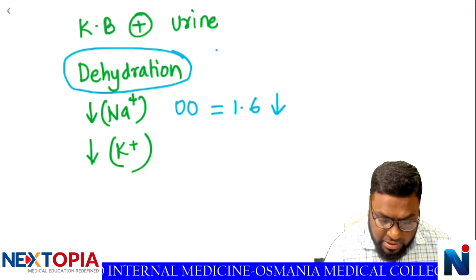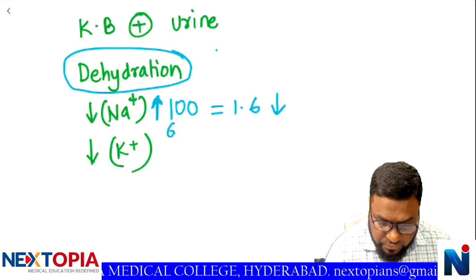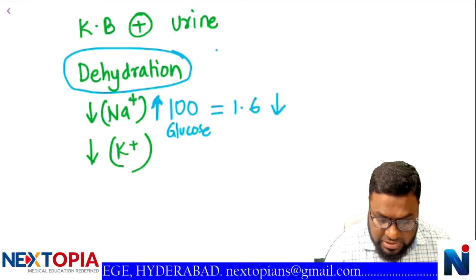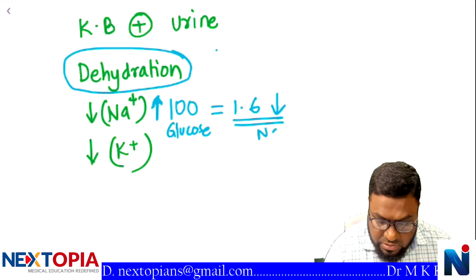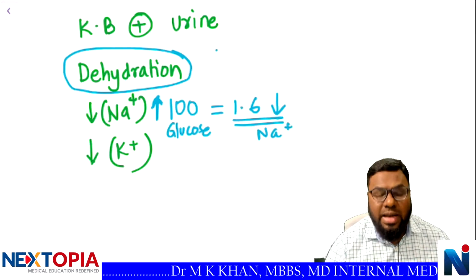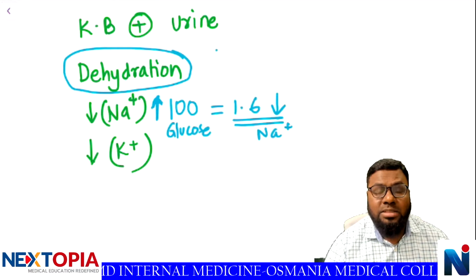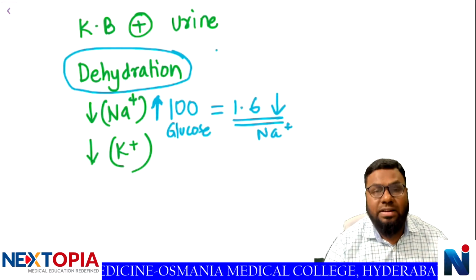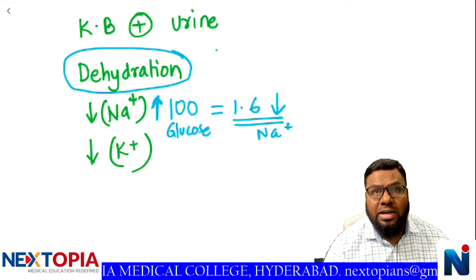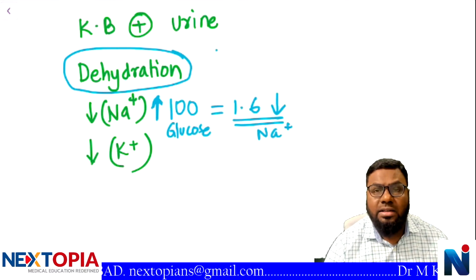So for every 100 milligrams per deciliter increase in glucose, there is sodium loss. So when hyponatremia is present along with hyperglycemia, the management is correction of glucose level itself. All right. When glucose comes back to normal, the sodium automatically gets corrected.